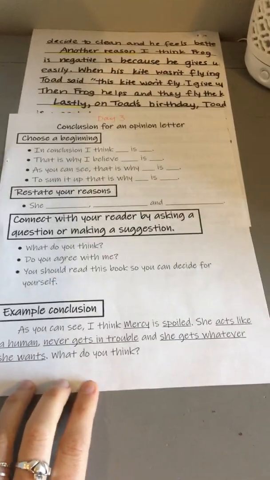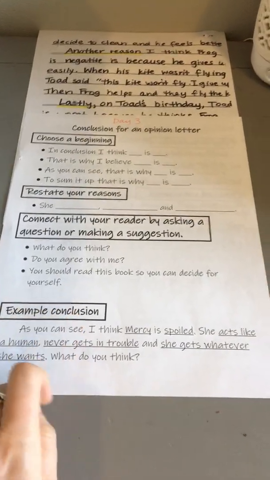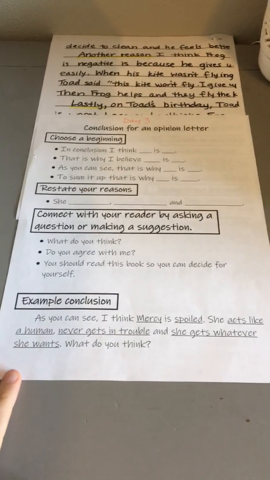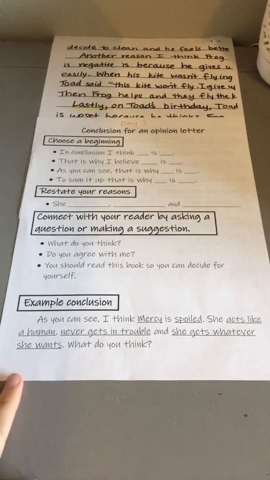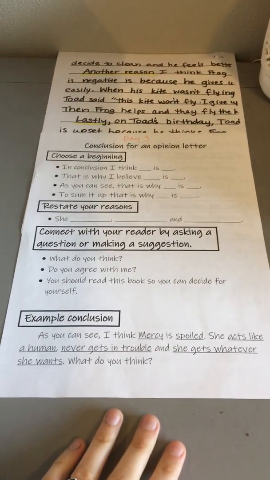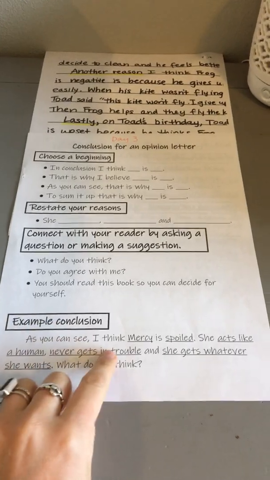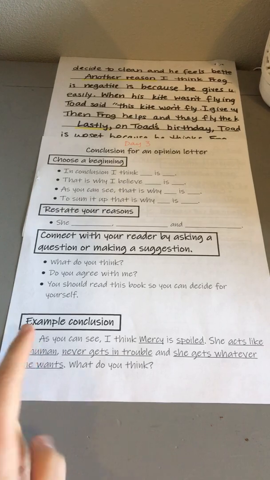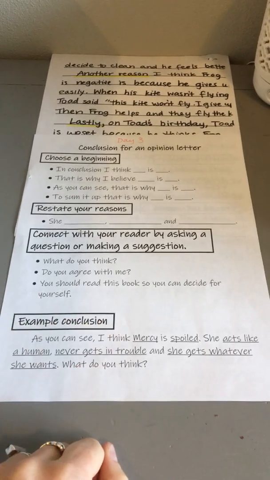It's important. At the bottom here, we have an example from Mercy Watson. I don't know what book you are writing about this week or which character you're writing about. I'm so excited to see because I know you're going to be turning them into all of us teachers. But here's an example. If somebody was writing about Mercy from Mercy Watson, maybe this is what they would say from their conclusion.